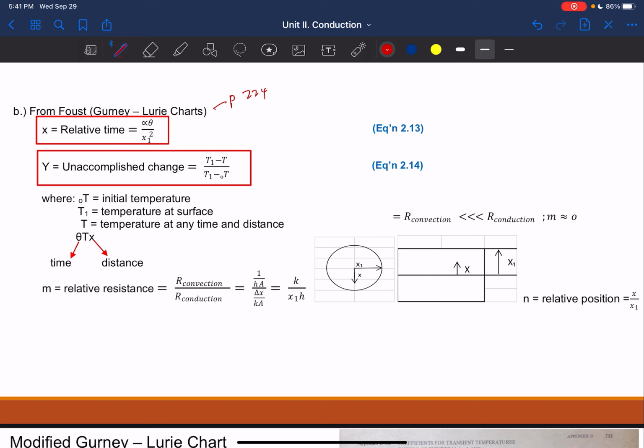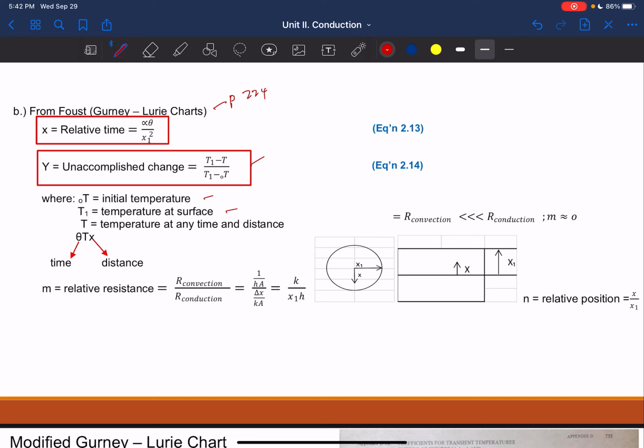So you also have your Y as an unaccomplished change. So ito, makikita nyo later when we do some problems. The 0T is your initial temperature, T1 is the temperature at surface, T is temperature at any time and distance. Parang siya yung TB natin previously using your Fourier number.